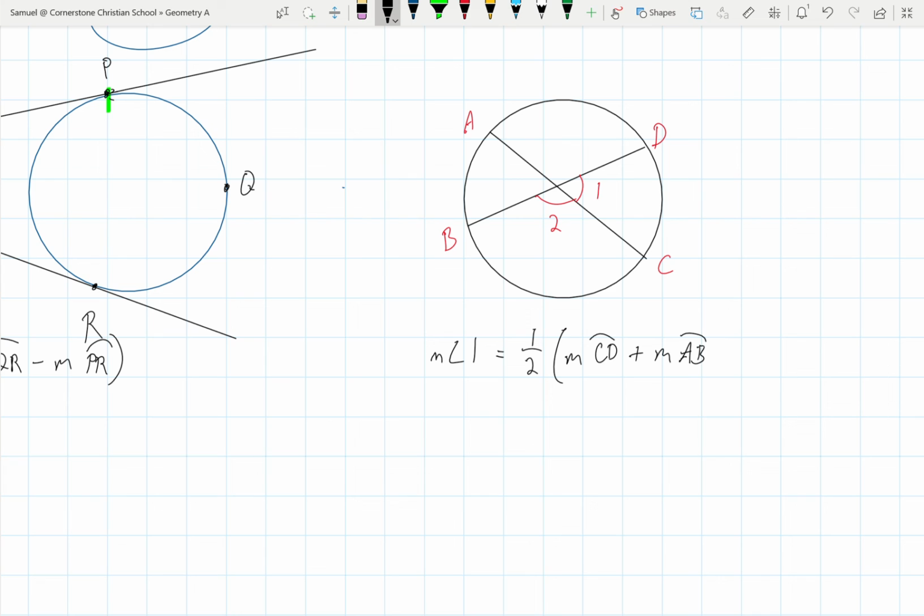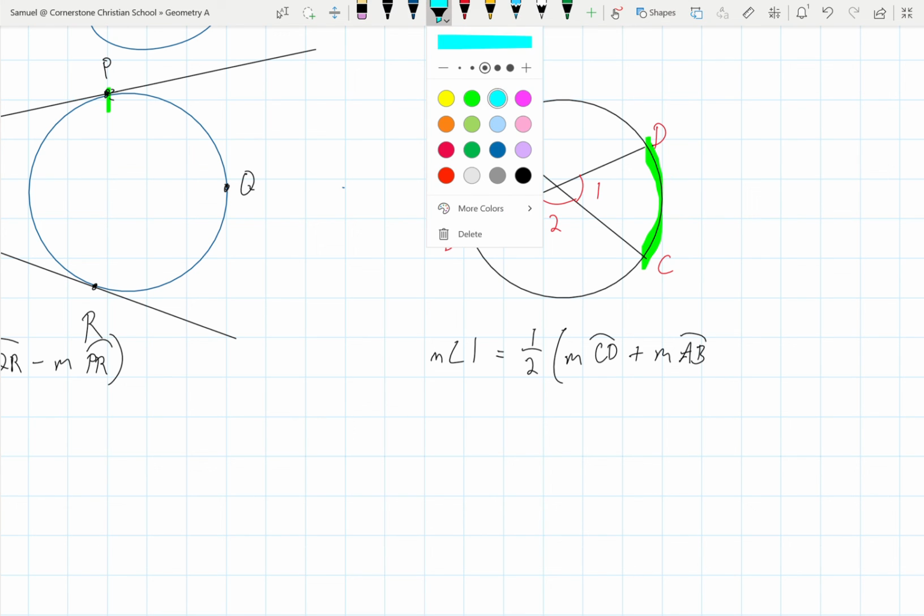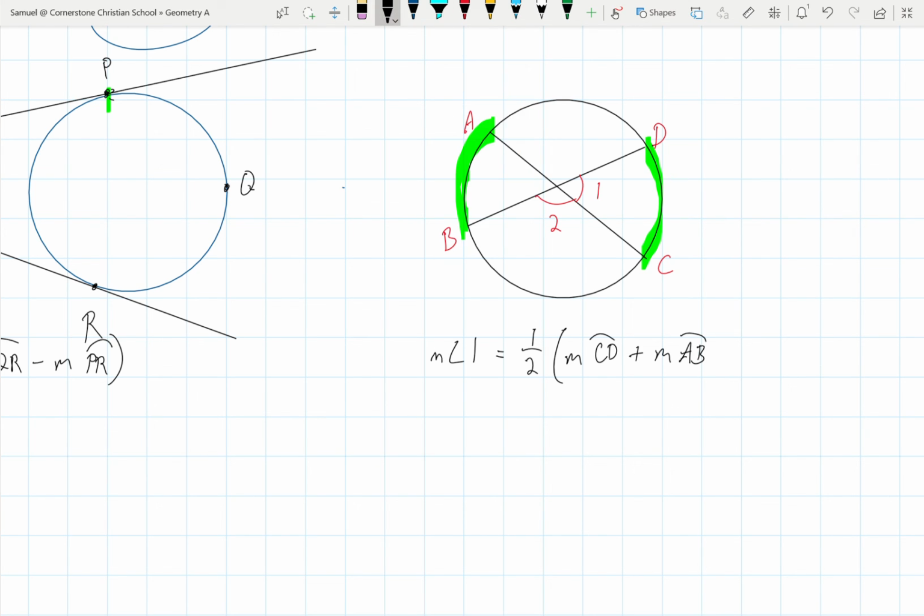So again, speaking of angle 1 right here, we have the measure of CD plus AB. And then the next equation, very similar, is if I'm talking about the measure of angle 2, it's equal to 1/2 the measure of arc CB plus the measure of arc AD.